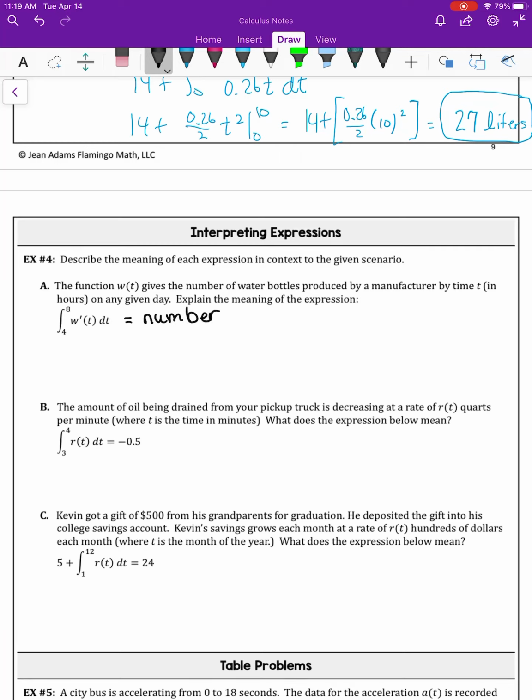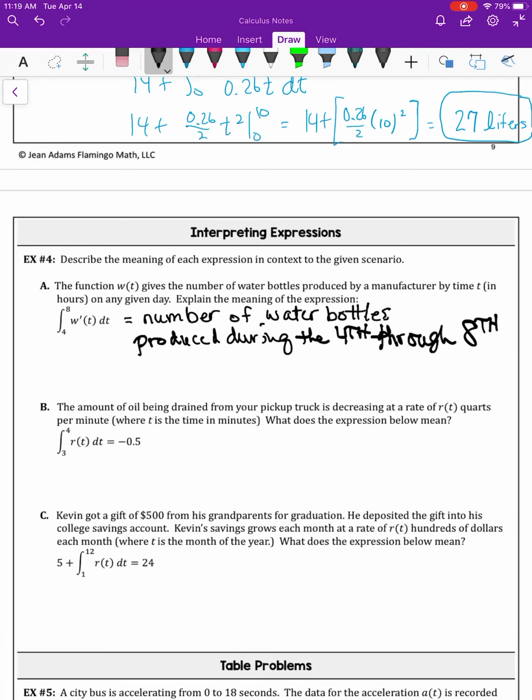So the integral from 4 to 8 of the derivative of W, I would explain as this equaling the number of water bottles produced during the 4th through 8th hours.